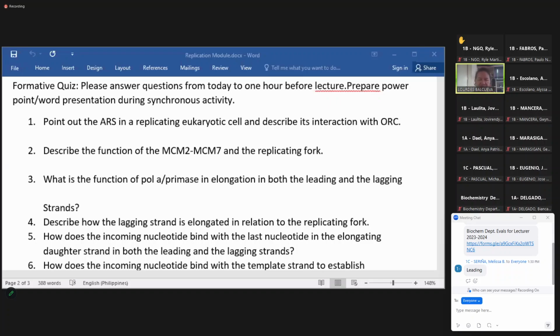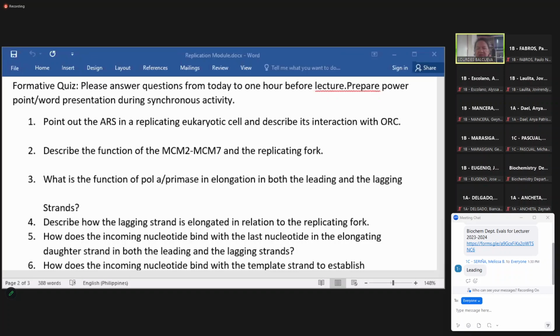Function as the helicase? In prokaryotes it's called the helicase, but in eukaryotes these are the proteins that separate the strands. But as we said, it's not potent yet. It's not yet capable of really dividing the strands because it is weak.